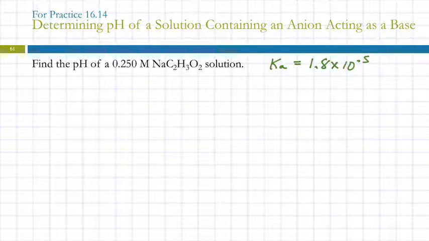So, is this an acid? Does it start with H? No, it doesn't. This is sodium acetate. That's an ionic compound that's soluble. So what ions does it form? Sodium ions and acetate ions. And so here's the anion, and what we're going to look at is, can that act as a base?